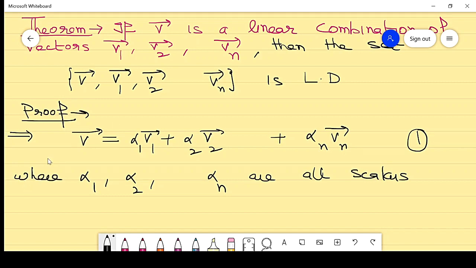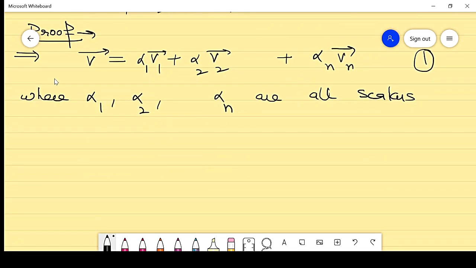Remember that. Why do we write equation number 1? Because V is the linear combination of these vectors. Now this can be written as, so we can shift this to this, this to this.